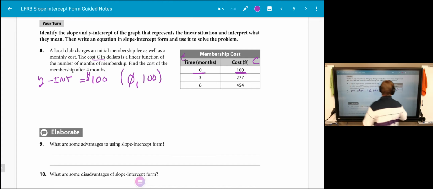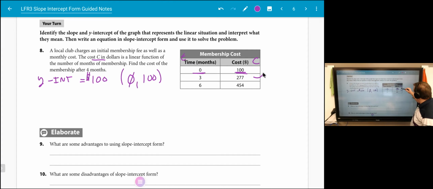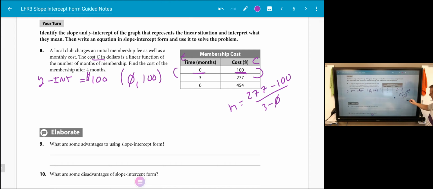I can do 277 minus 100 over 3 minus 0. So M equals 277 minus 100 divided by 3 minus 0. On top, I get 177 divided by 3. And that would give me 59.